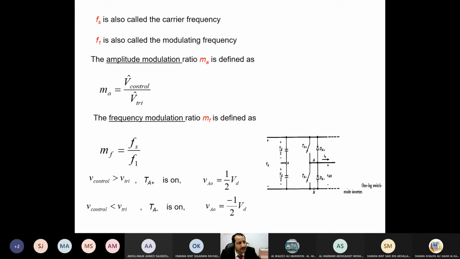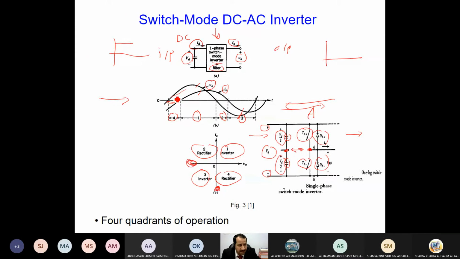Still with the definitions, now I will define the carrier frequency to be Fs. The carrier frequency is the carrier signal, a signal like this one. Its frequency is high, most of the time in kilohertz. And F1 is the modulating frequency. My output here, as an example, this signal, the frequency from here to here, let me say 50 hertz.